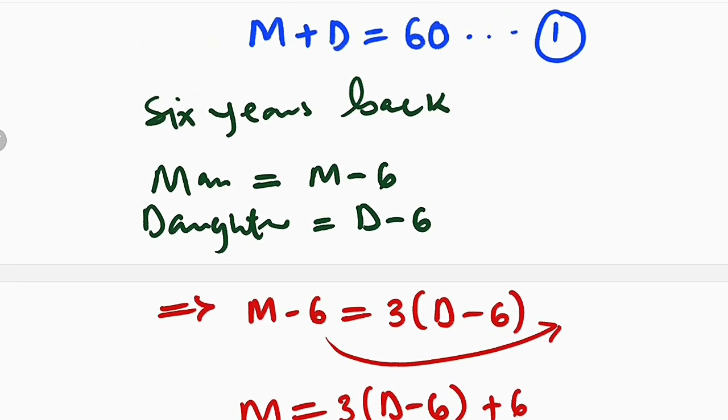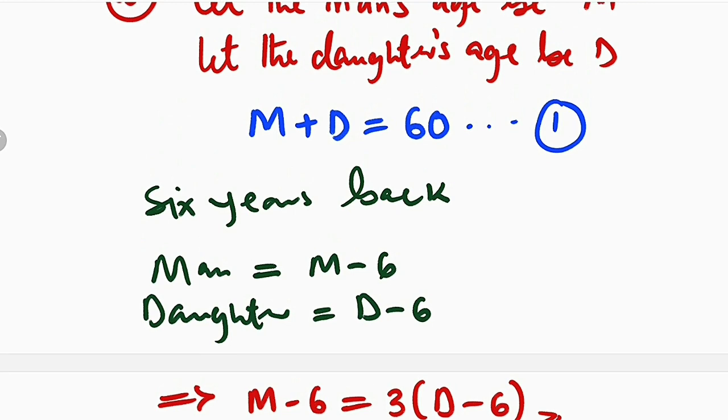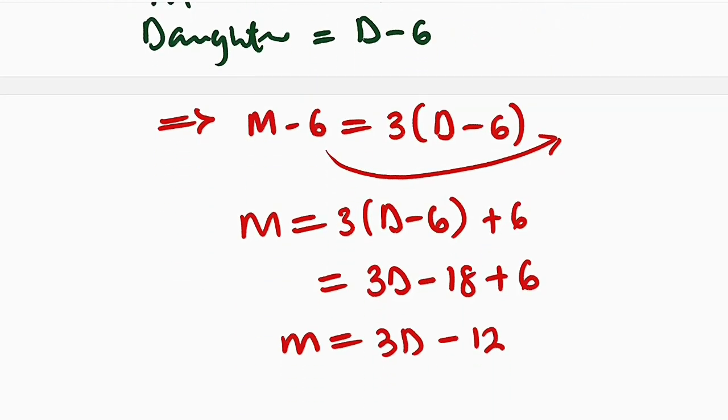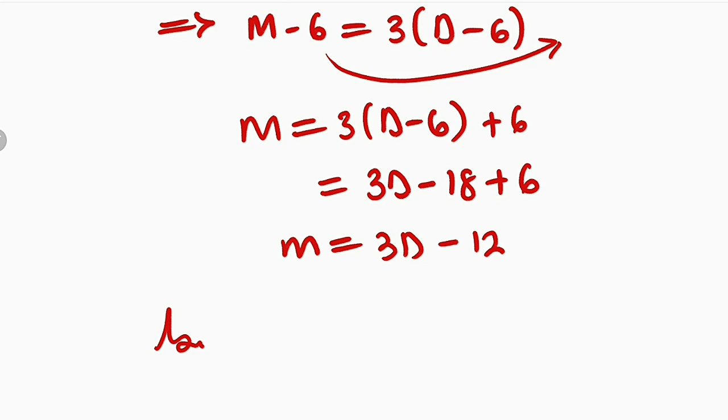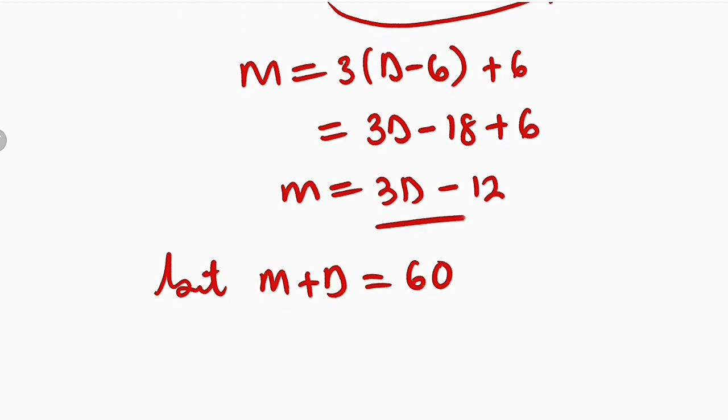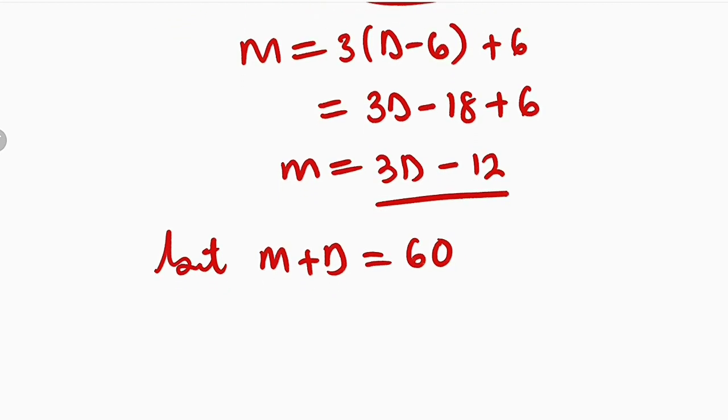But remember from equation 1, we have that M plus D is equal to 60. But M is nothing but 3D minus 12. So instead of M, we have 3D minus 12.